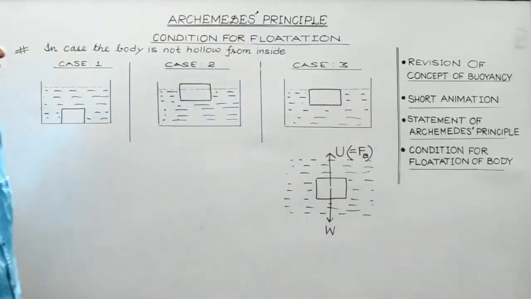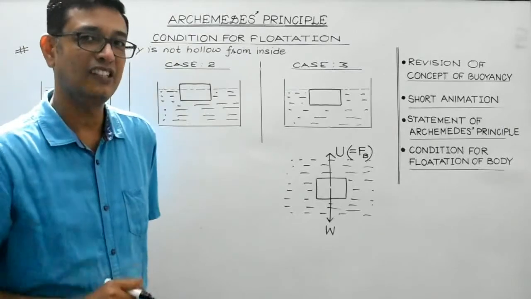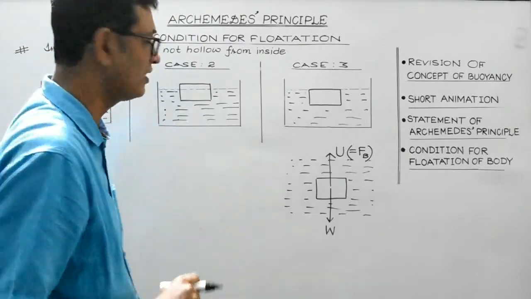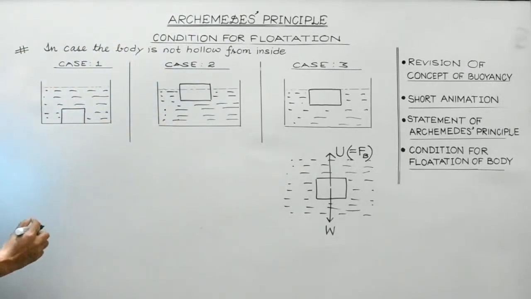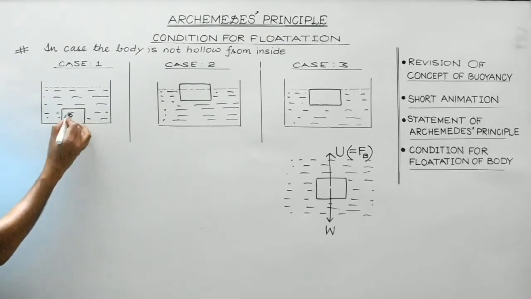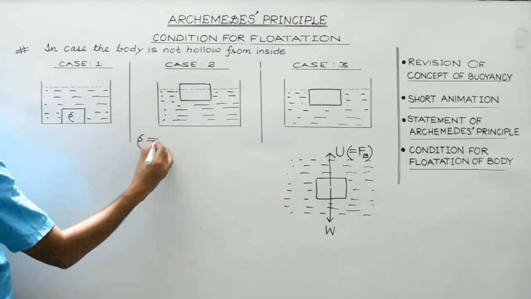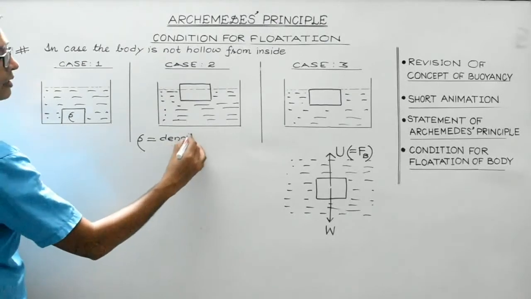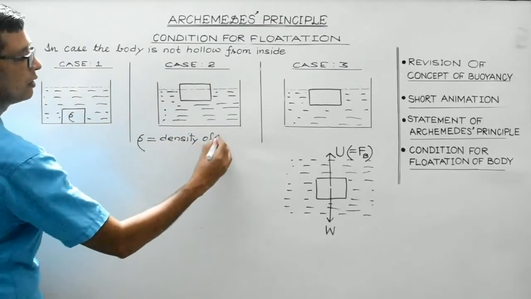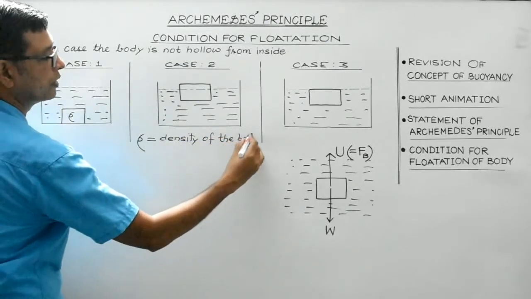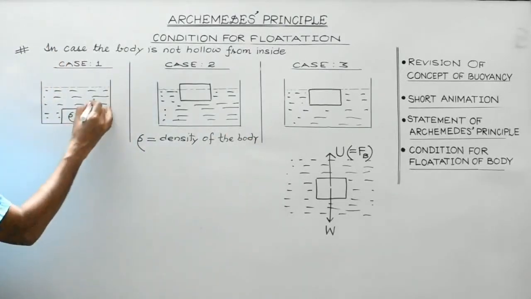So students, these are the three possible cases. We'll discuss them with examples, right? Now before that, let us consider rho, the density of the body. Clear students? And sigma.